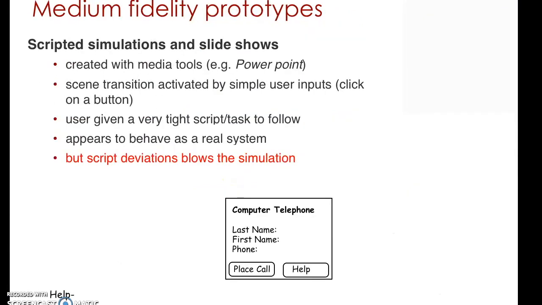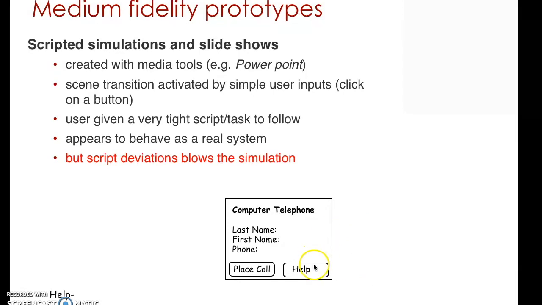Apart from using interface builders, you can use slideshows. Okay, you can actually use PowerPoint slideshows to design your prototype. You can simulate and animate your prototype using PowerPoint and show a transition based on simple user input. Okay, so there is this one example that you can try, showing a prototype of a computer telephone.